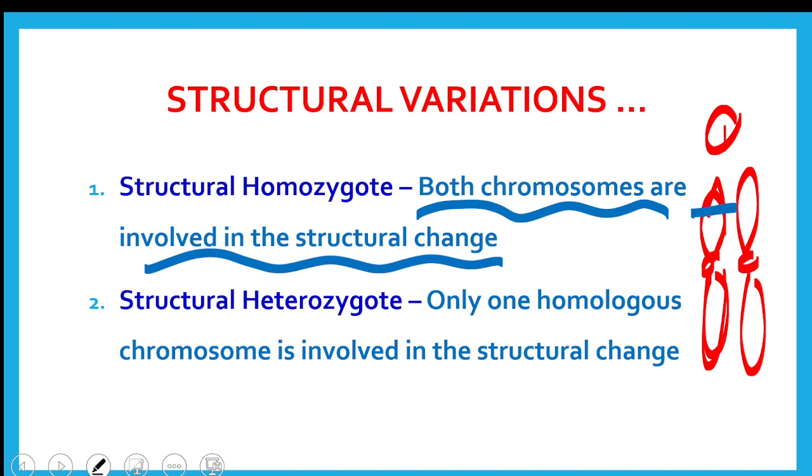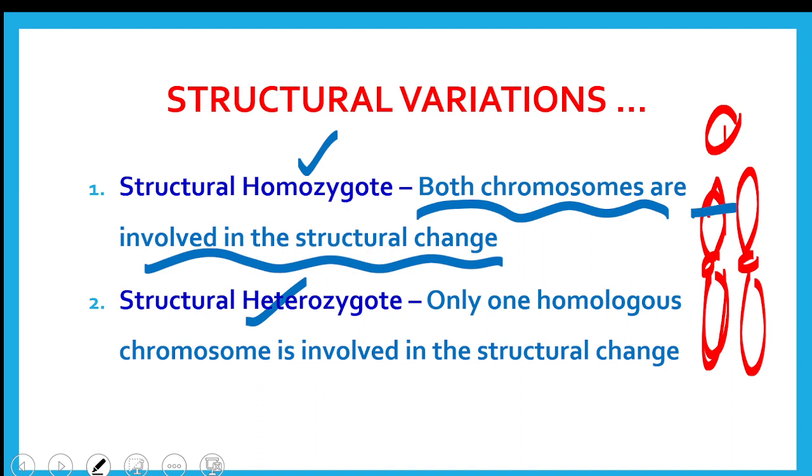If the same break occurs in the other chromosome of the same pair also, then we call it a homozygote. If it occurs in only one chromosome of this pair, we call it a heterozygote.